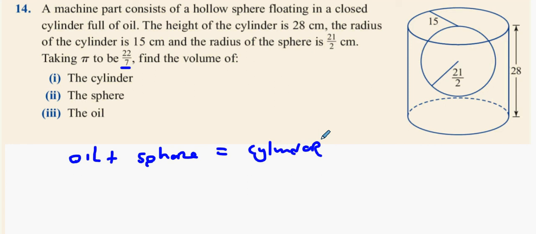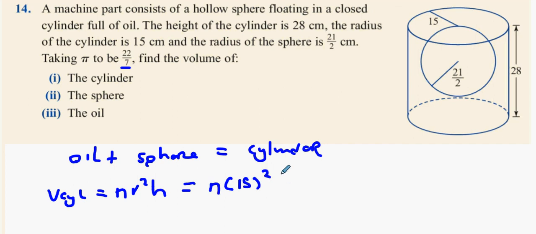Okay, that makes sense. Now, let's do the volume of the cylinder first. Volume of cylinder is pi r squared h, which will be pi times 15 squared times 28. What's pi times 15 squared times 28? Pi is 22/7.